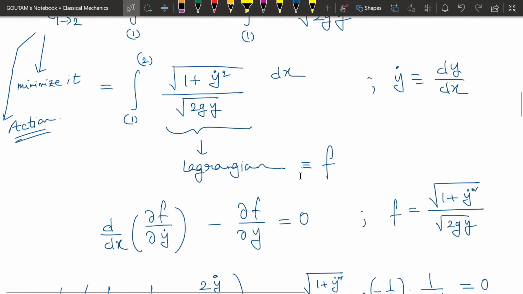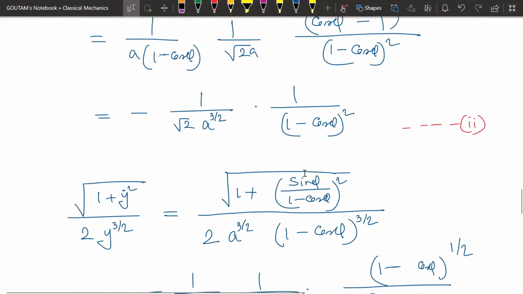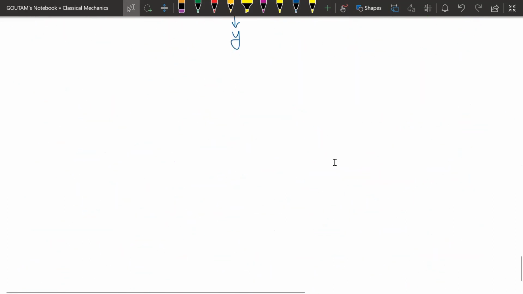So our next job is to derive Lagrange's equation from Hamilton's principle for several generalized coordinates. It's a generalized derivation of Lagrange's equation.